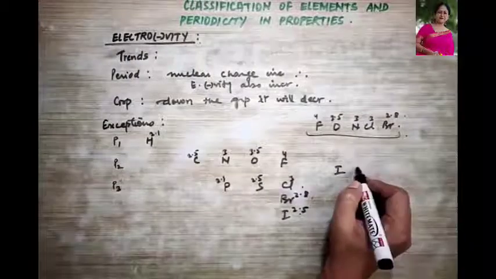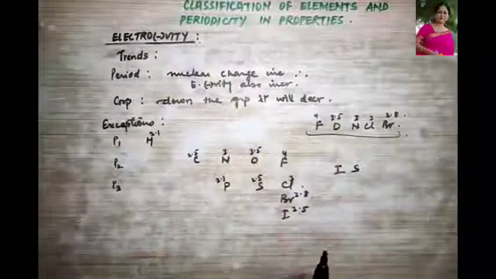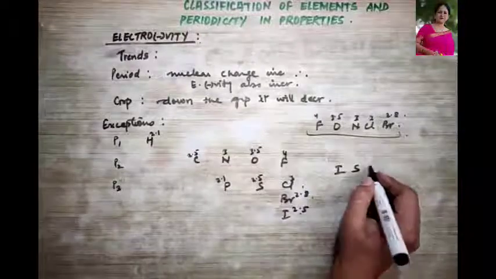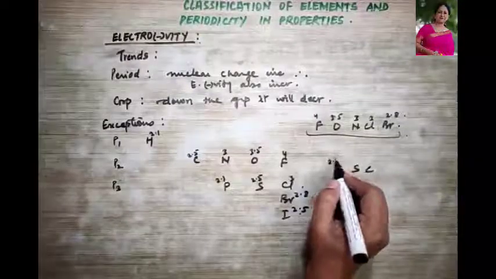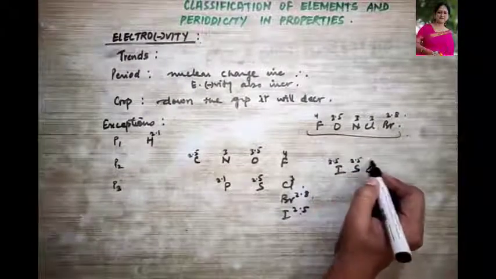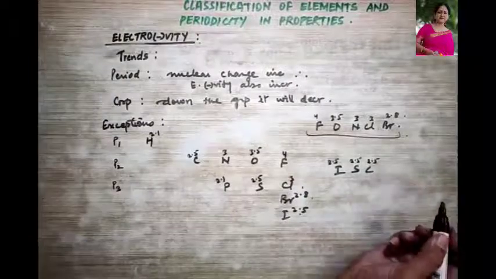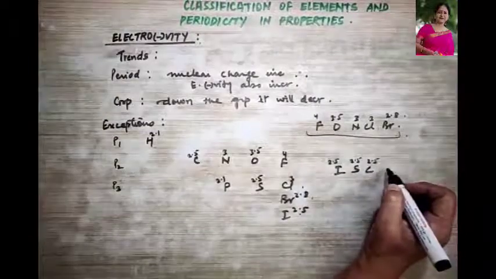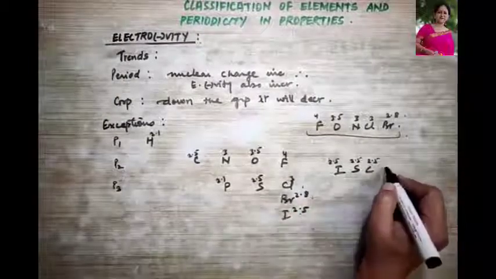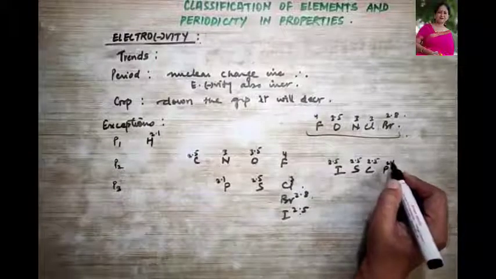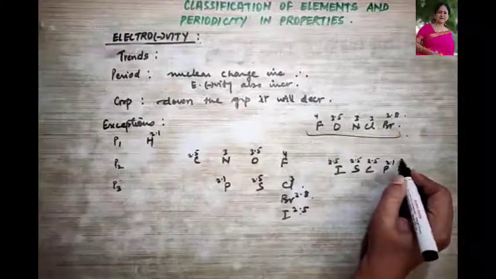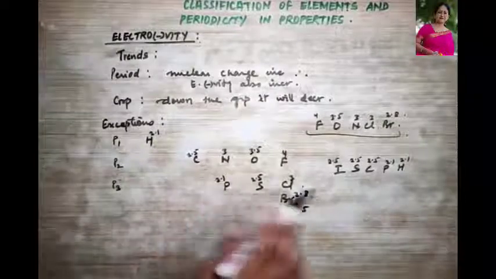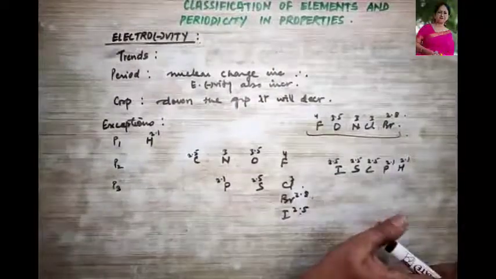For sulfur you have 2.5, for carbon you have 2.5. Then for phosphorus it is 2.1 and for hydrogen also it is 2.1. So these are some common ones which you can remember.